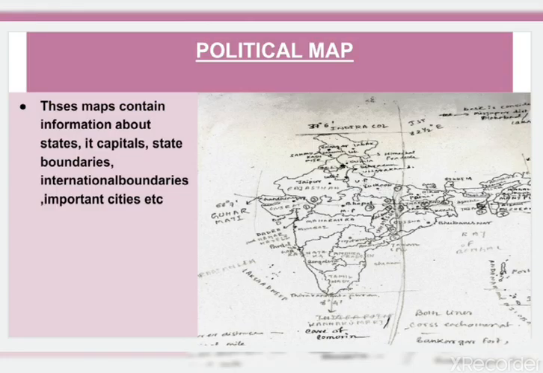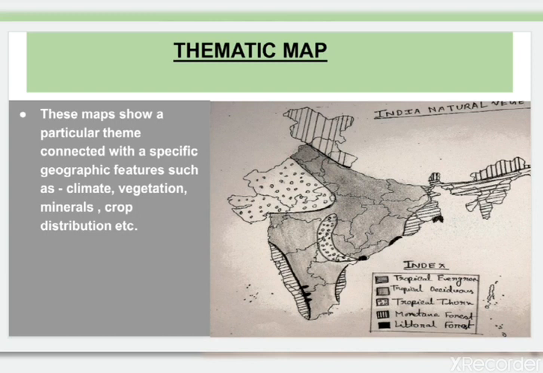So political maps contain information about states, its capitals, state boundaries, international boundaries, important cities, etc. In this map, I have drawn all the states of India, its capital cities, state boundaries as well as international boundaries.